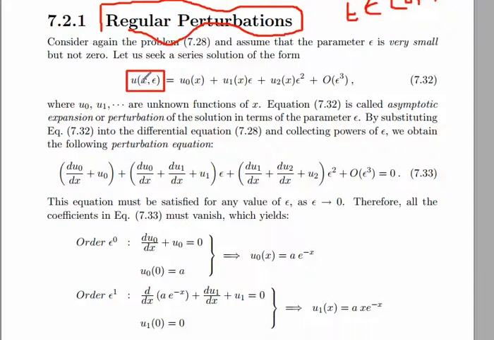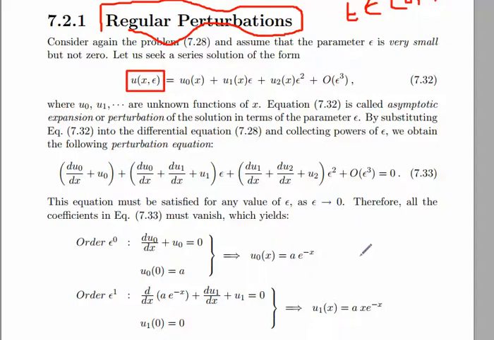This is the series of the unknown function u, and this can be written as the summation over i from 0 to infinity of u_i times epsilon to the power i.